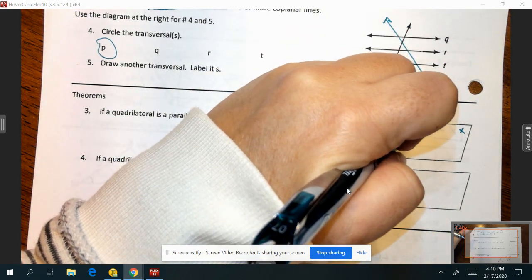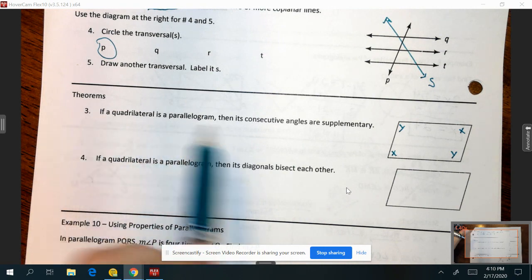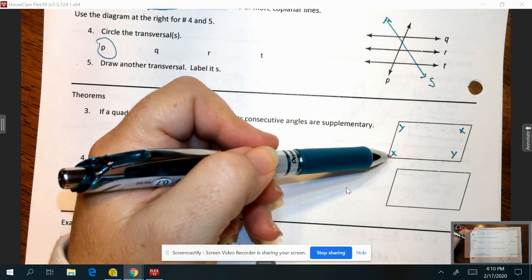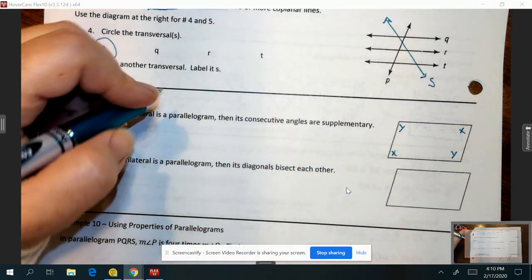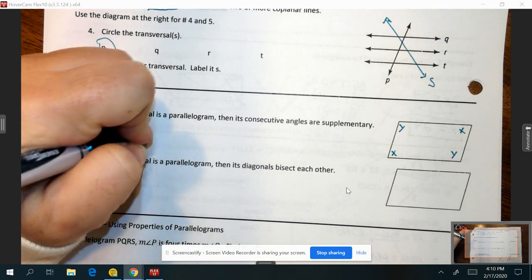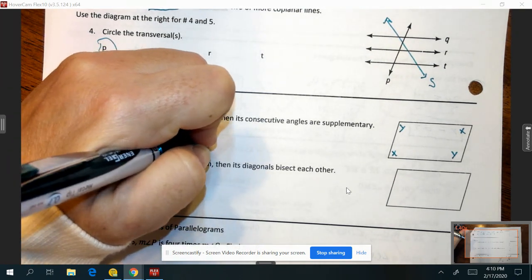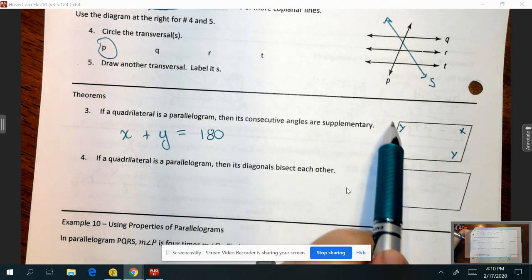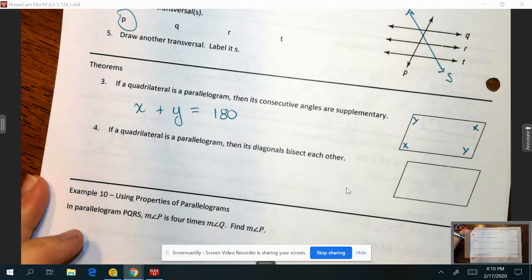There's something else, so I'm going to name them Y. This theorem says that anytime you add up 2 consecutive angles, so consecutive to the X is either this Y or this Y, it'll be supplementary. So X plus Y will be 180.